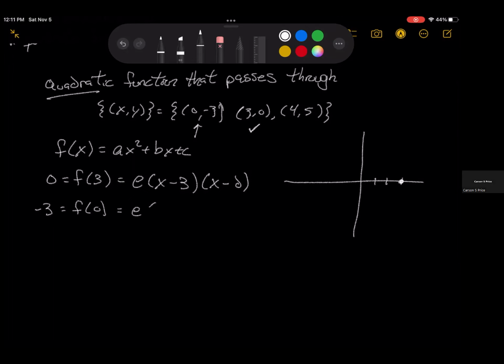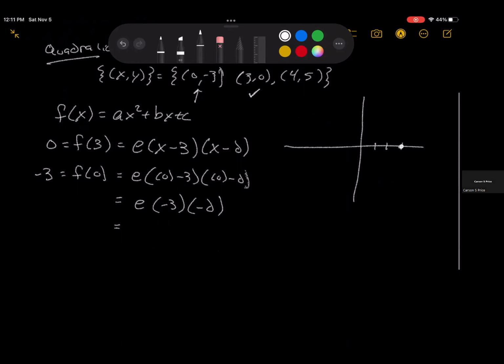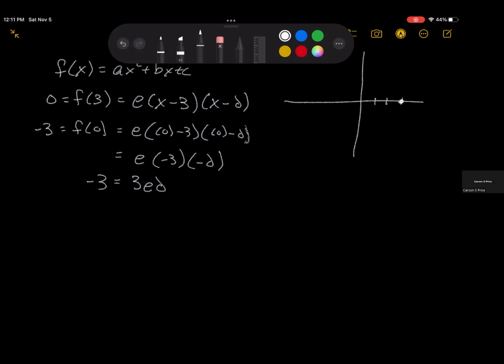That would be e times 0 minus 3 times 0 minus d, or e times minus 3 times minus d, or 3ed. That's supposed to be equal to minus 3. I can simplify this a little bit further: minus 1 is equal to e times d. I don't know what e or d is, so this is as far as I can go.